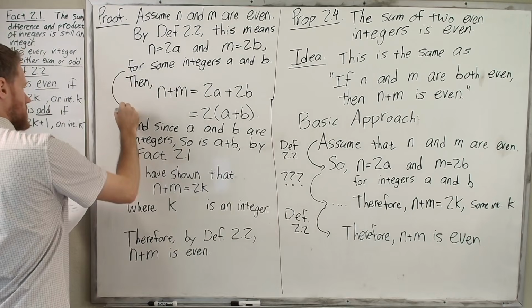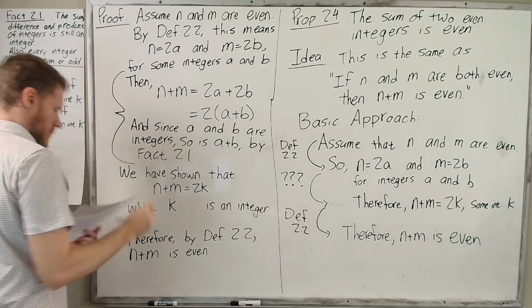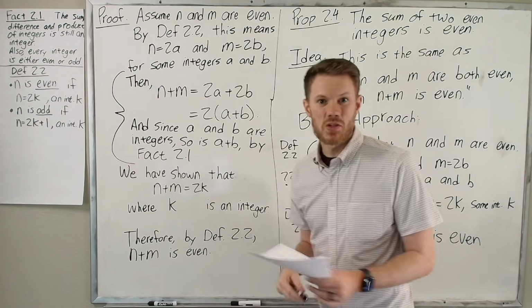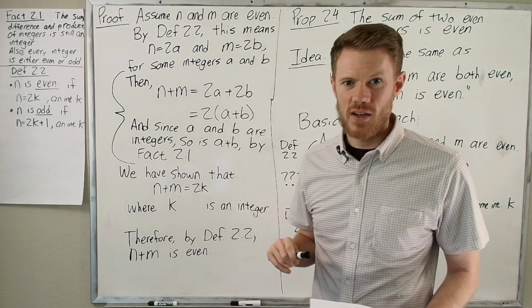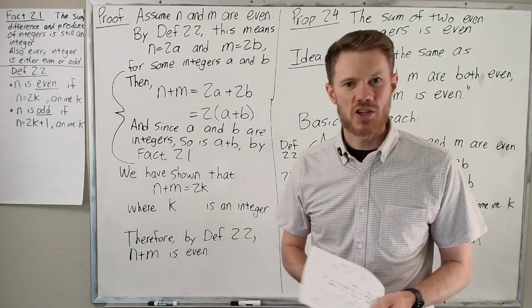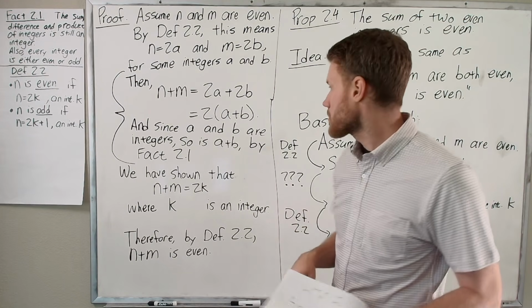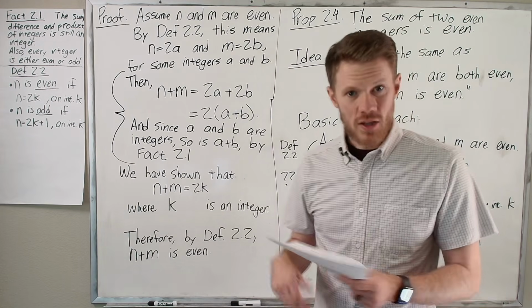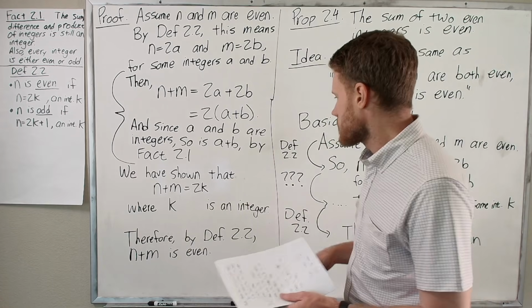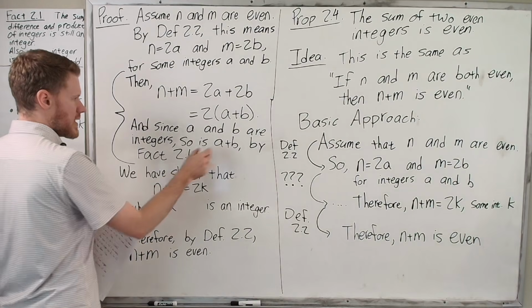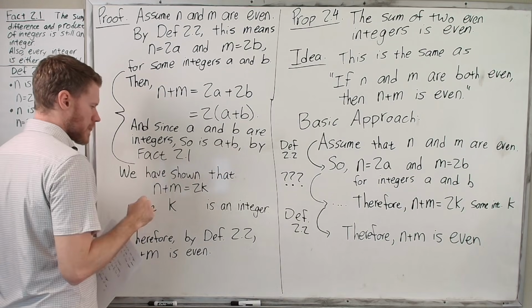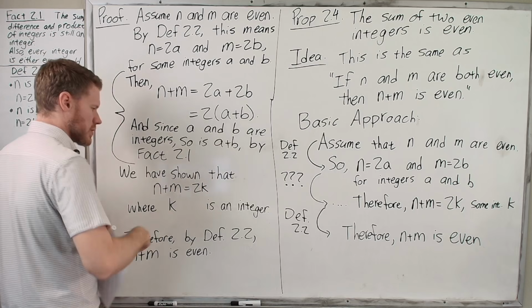Okay, so this is the bridge between our first application of the definition of an even number and our last application of the definition of an even number. Okay, let's quickly go through it one more time to see if you're convinced. So we have an integer a plus b, but the actual definition has a single integer.